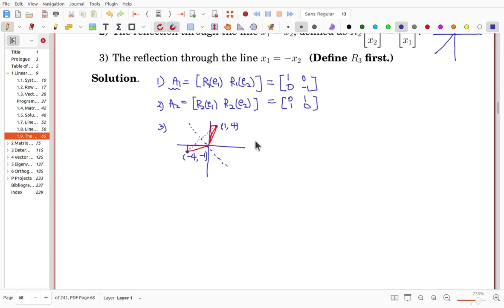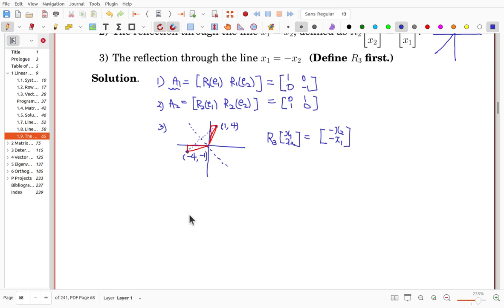So we can define R3 in this way: R3 of (x1, x2) is (minus x2, minus x1). Change the position and change the sign for both.